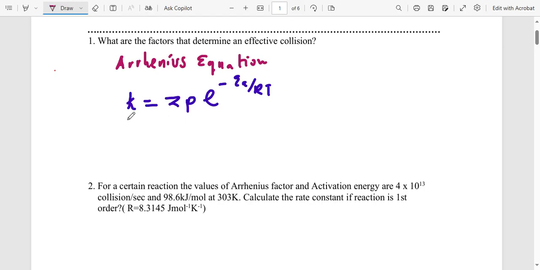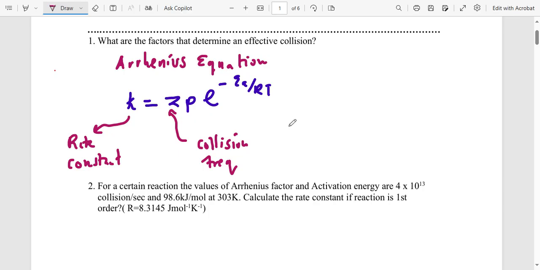Okay. So k, the k that we can see here, is the rate constant, and then Z that you can see there is known as the collision frequency, and then the p is known as the steric factor.